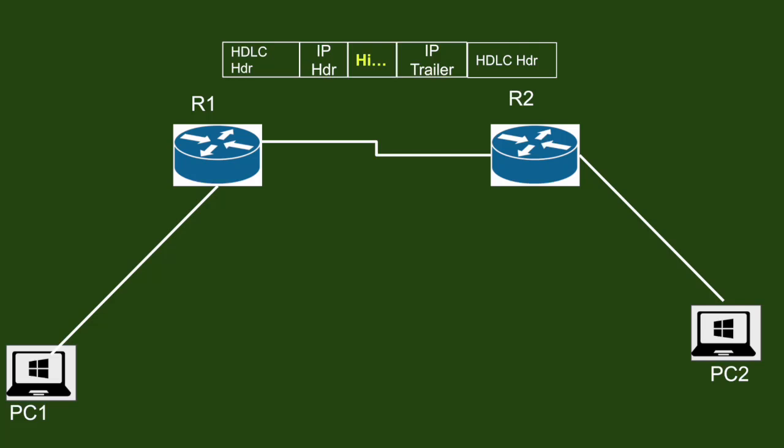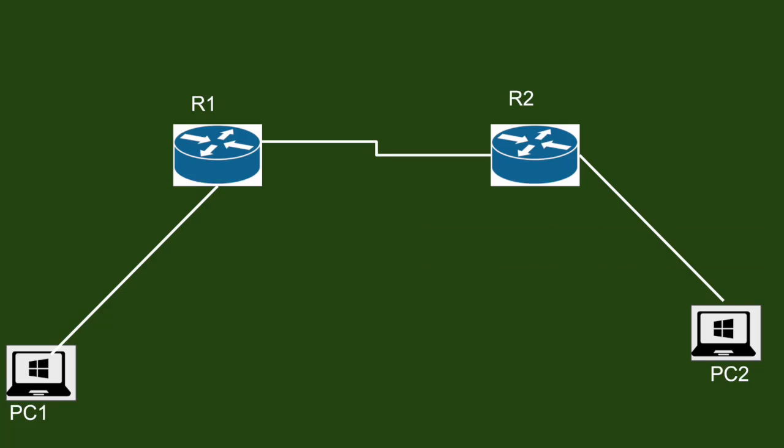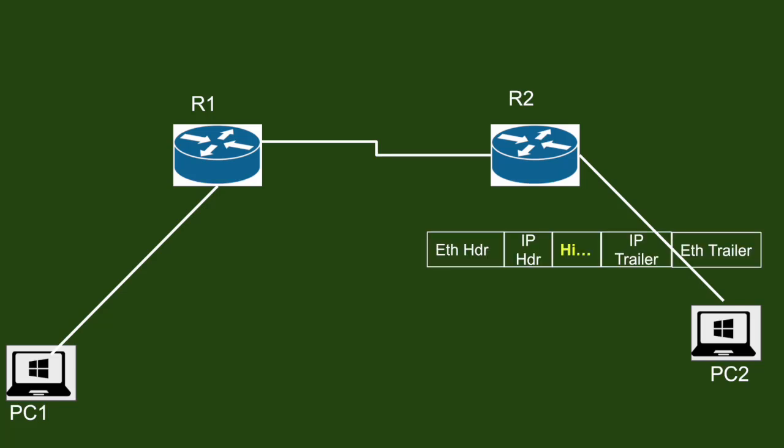So the same IP packet, the same message, is first decapsulated by router 1, which removes the Ethernet frame, and then encapsulates it with HDLC so that it can send it over the WAN link. Once it reaches R2, it again decapsulates the HDLC which it received, re-encapsulates with the Ethernet header, and then sends it to PC2.